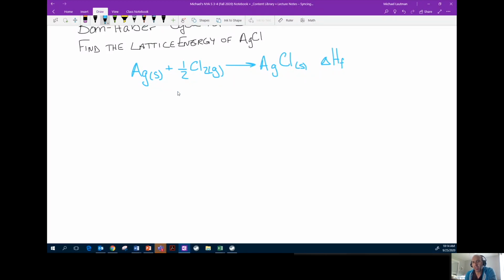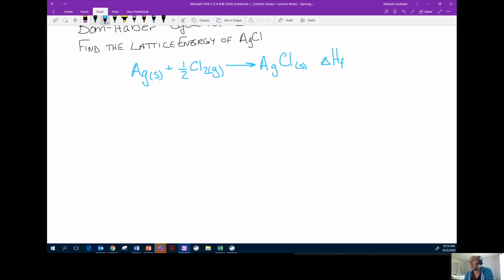Enthalpy of formation refers to a very specific thing. It refers to the formation of a compound from its elements. There are other ways to make silver chloride, but if we're talking about Born-Haber cycles and enthalpies of formation, it's referring very specifically to the formation of the compound from its elements.